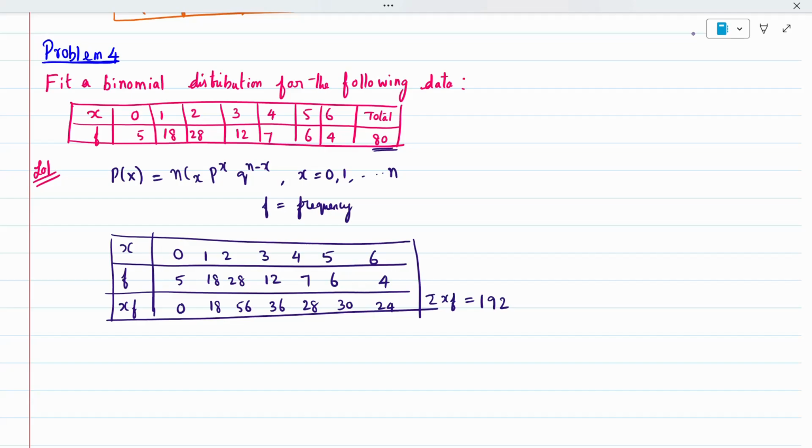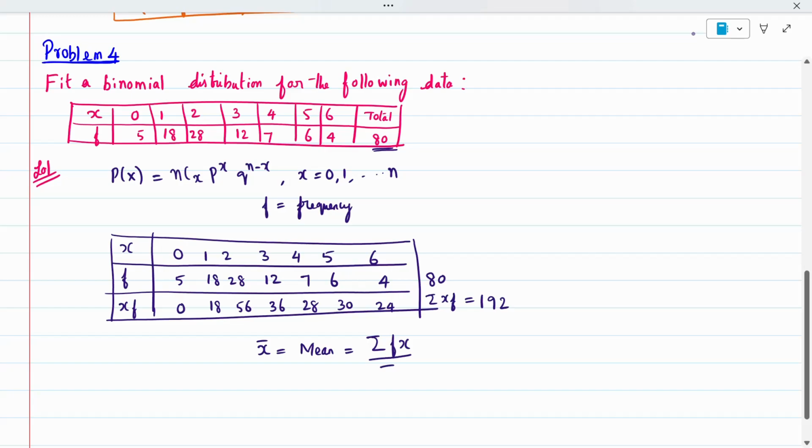The total of f is already given in the question as 80. So we have calculated both totals. What is the formula? x bar is for mean. For a normal mean, the formula is the sum of fx divided by the sum of the frequency. x into f or f into x are the same when you multiply.